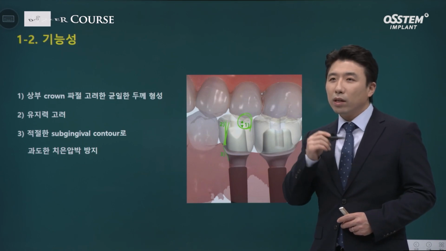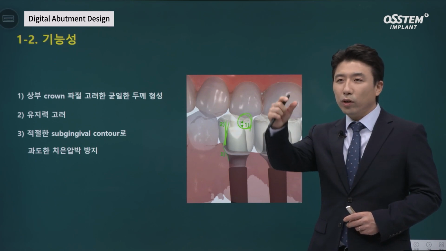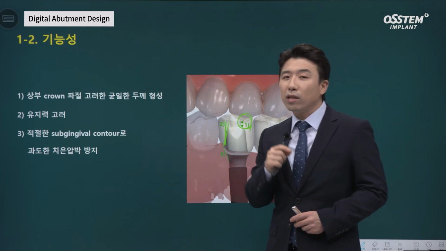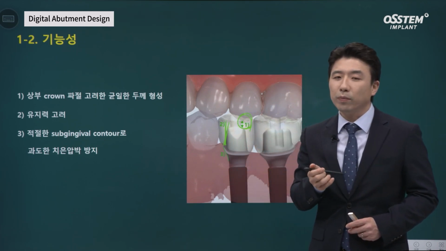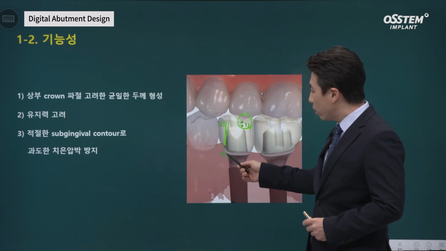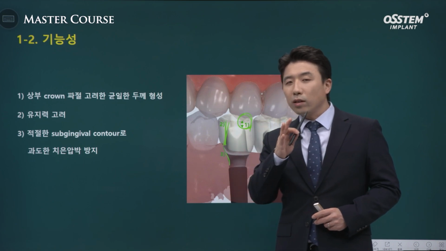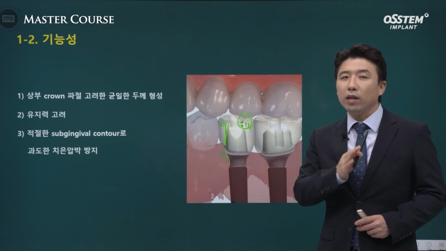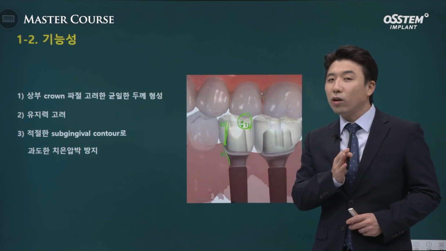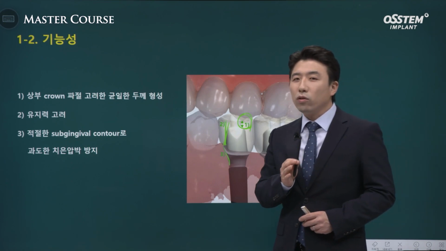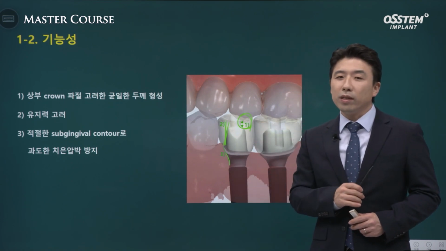With the smallest error in crown, it will not be properly fit to the crown. Third is the bottom part. We need to consider this. Transgingival portion needs to be considered. How the contour is formed around here is something that we need to have in mind.